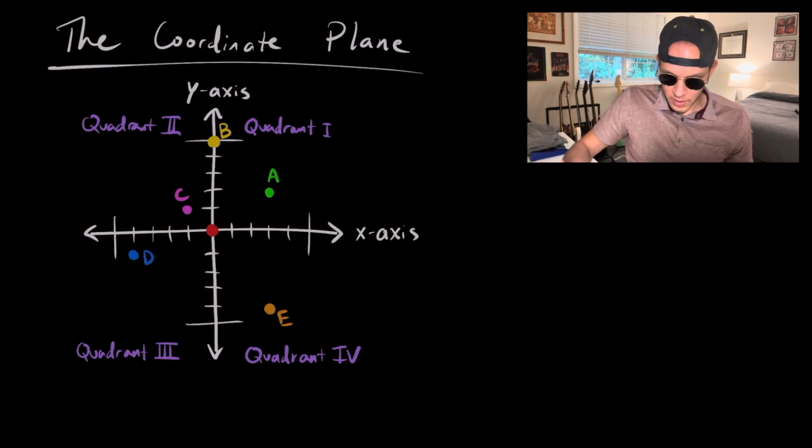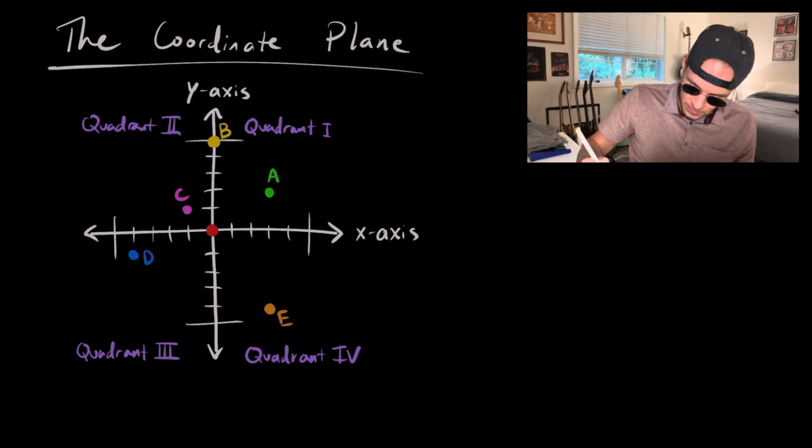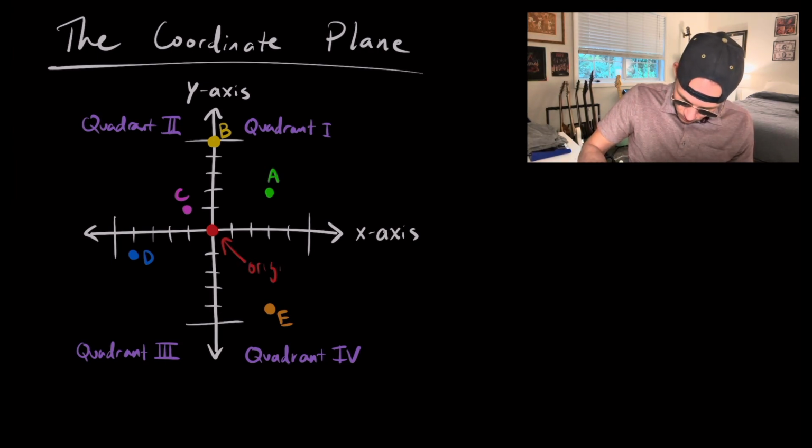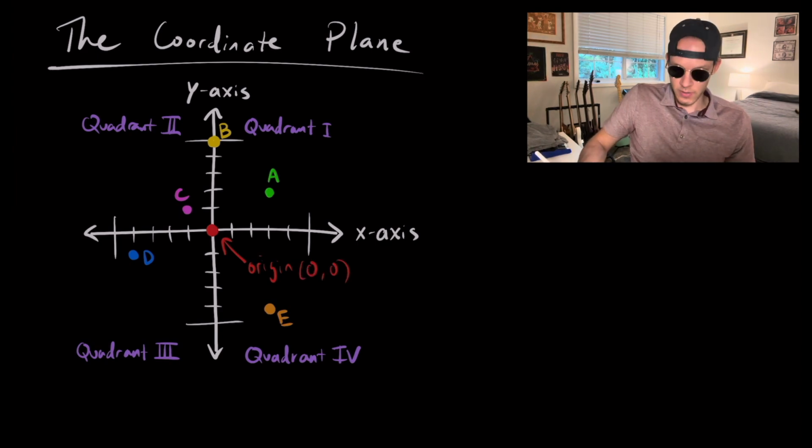So I've plotted some points here, A, B, C, D, and E, and you should be able to figure out what their coordinate points are. So for A, well, we want to start at the origin. That's our starting point always when we're plotting points or figuring out what the coordinates of a point are. The origin is right here, and it has the coordinates 0, 0. The first coordinate is your x coordinate.